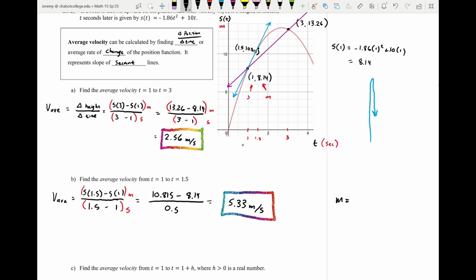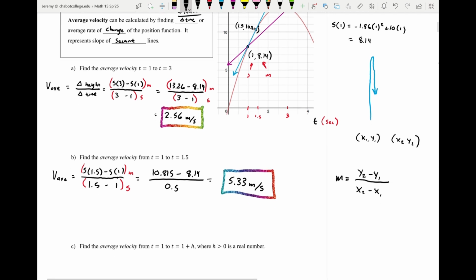If we're just trying to find the slope of a line, this formula requires two ordered pairs, right? It requires an ordered pair x1, y1, and it requires an ordered pair x2, y2. And finding velocity so far, we've needed to use this formula. So we've needed 2 points. So how can we possibly find instantaneous velocity if there's only one ordered pair?